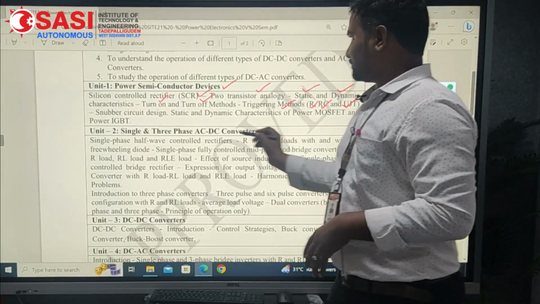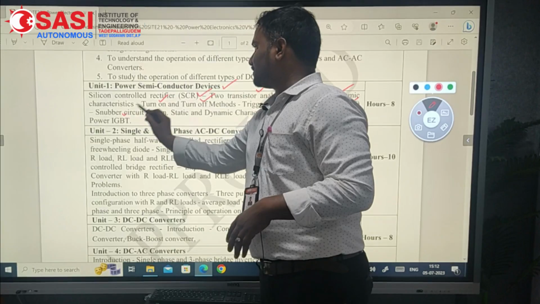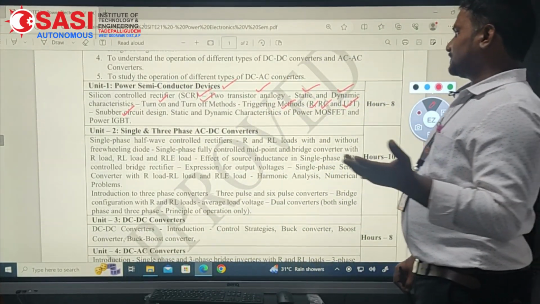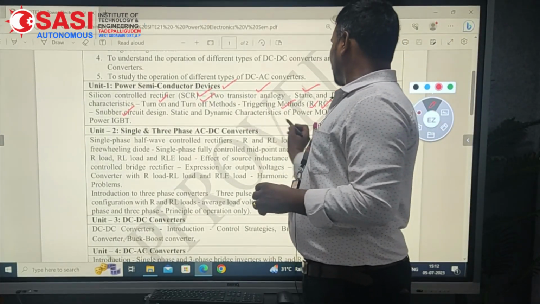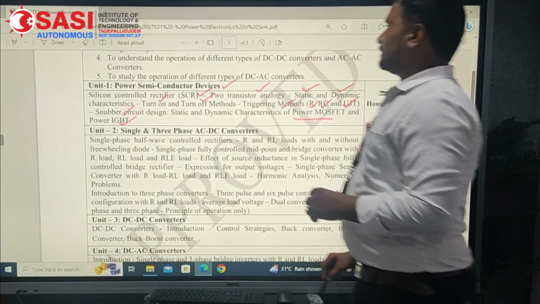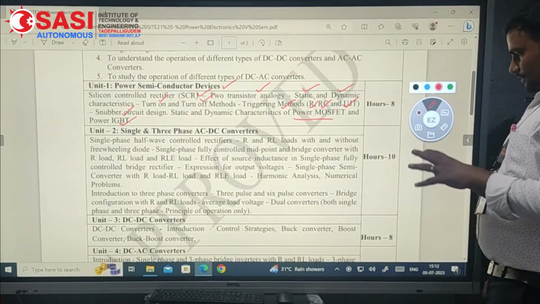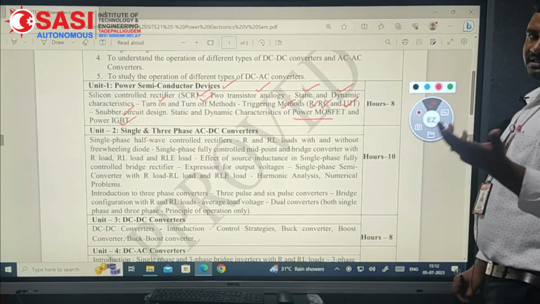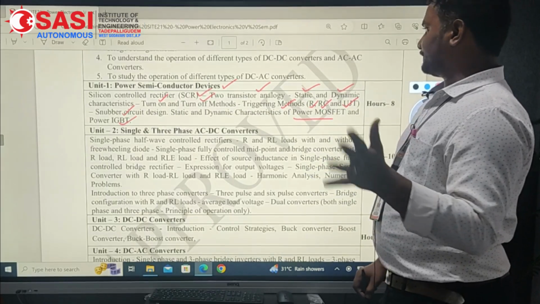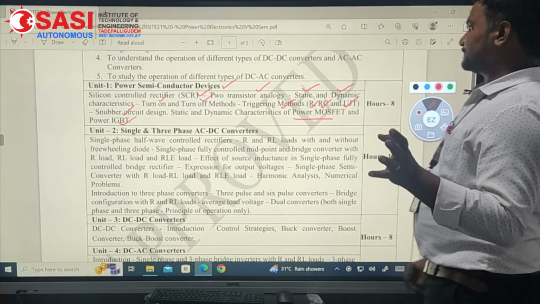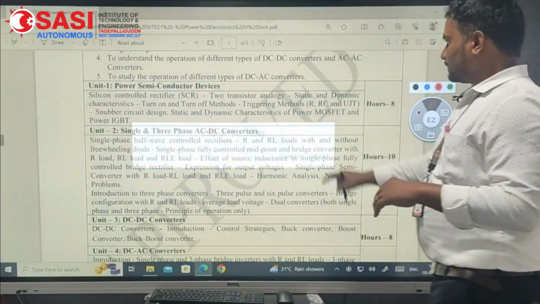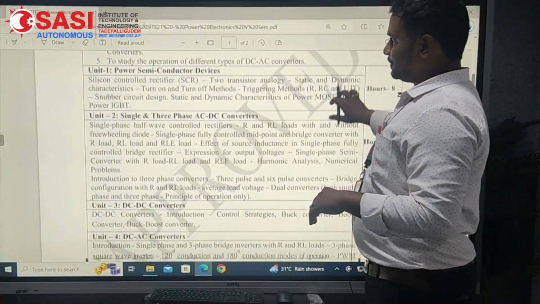Along with that, in the first module we can study the snubber circuit in order to protect the SCR while operating in the circuit. Similarly, we are going to study the power MOSFET and power IGBT characteristics in this module. Here also switching characteristics and VI characteristics can be analyzed for both the MOSFET and IGBT switches. And we will move on to the next one, that is unit 2.